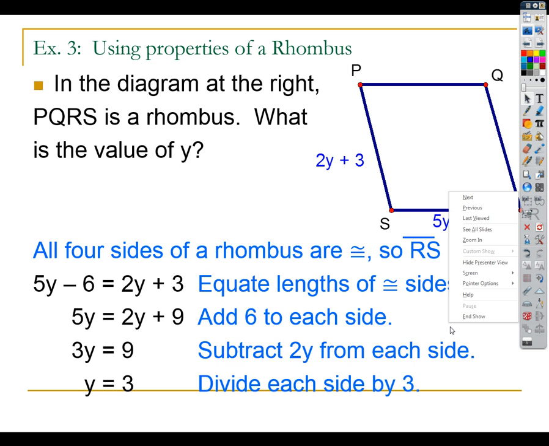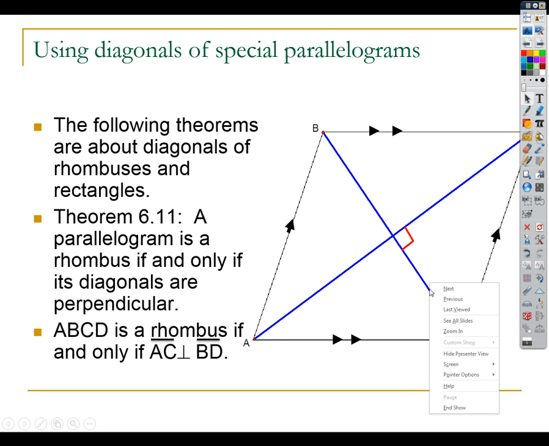All right, so just in general, these additional properties are going to be very useful. We get a couple more that have to do with diagonals. So we know that if the diagonals of a parallelogram intersect at a right angle, so if the diagonals are perpendicular, then we know it's a rhombus, guaranteed.